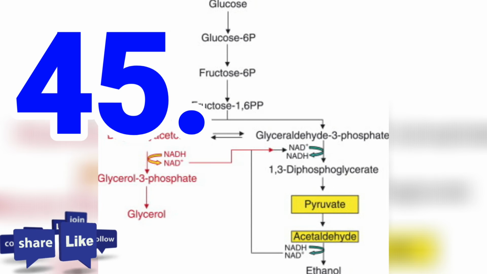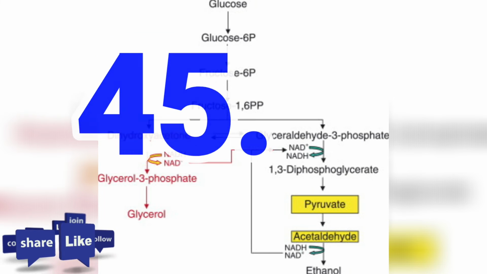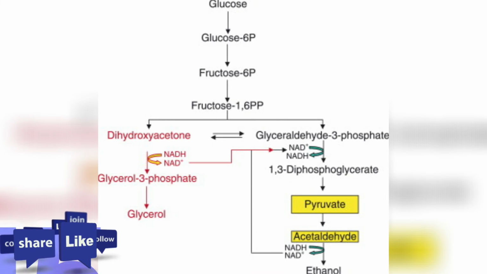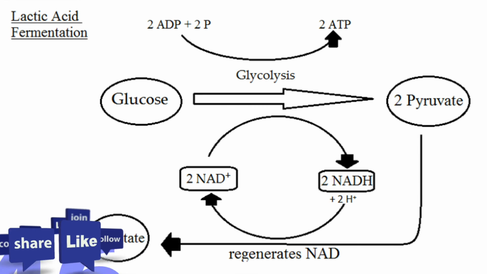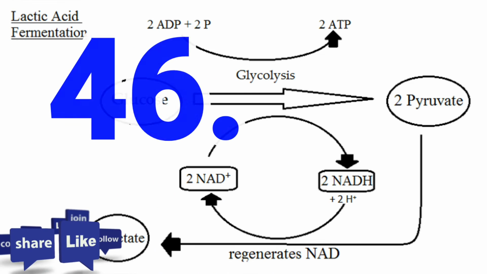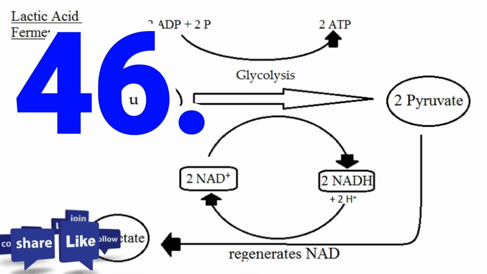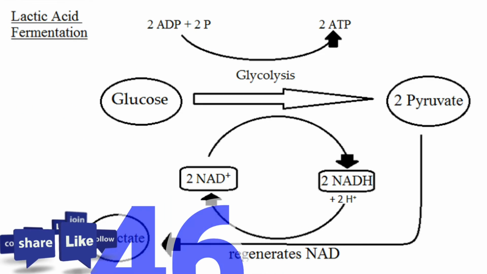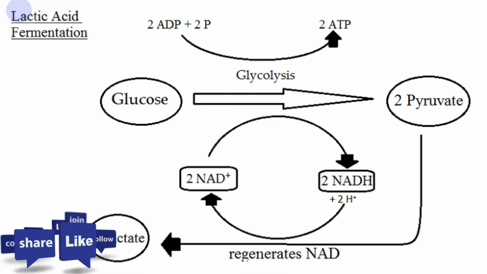It takes the help of a few enzymes. These are pyruvic acid decarboxylase and alcohol dehydrogenase. Lactic acid fermentation is present in some bacteria and in the muscles. The enzyme which supports this process is known as lactate dehydrogenase.